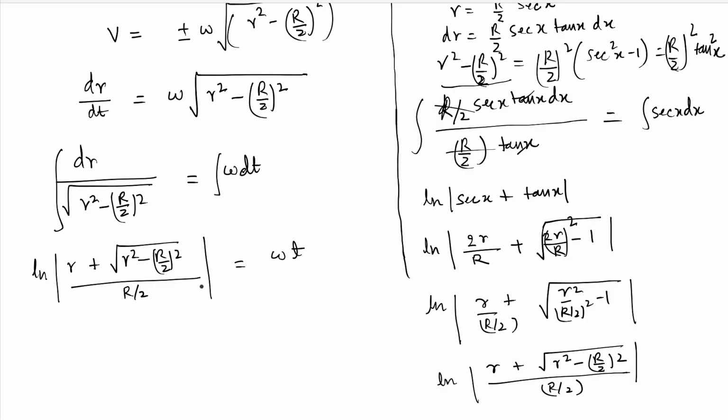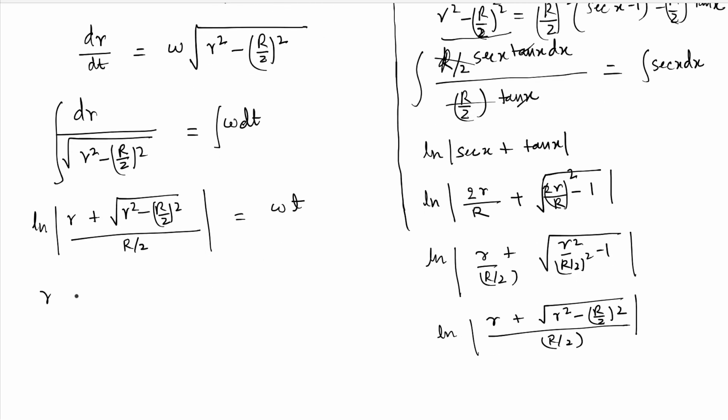Then we can write ln of r plus the root of r square minus r by 2 whole square divided by r by 2 equals omega t. Therefore r plus the root of r square minus r by 2 whole square, divided by r by 2, is e to the omega t.